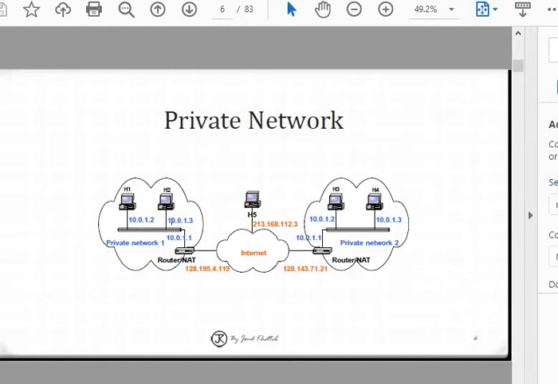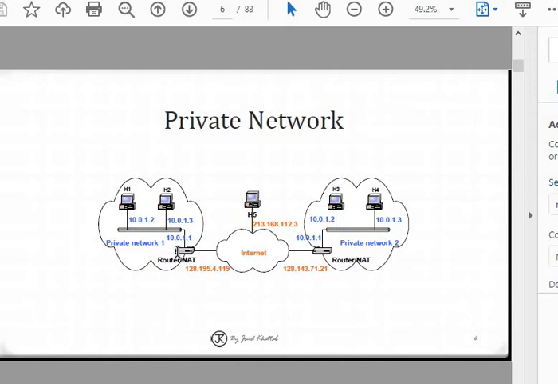Okay, so how? Let me give you an example. Let us consider that this is a laboratory of your college, which has, let's say, three computers. One's IP is 10.0.1.2 and the second IP is 10.0.1.3. It is connected to the router.